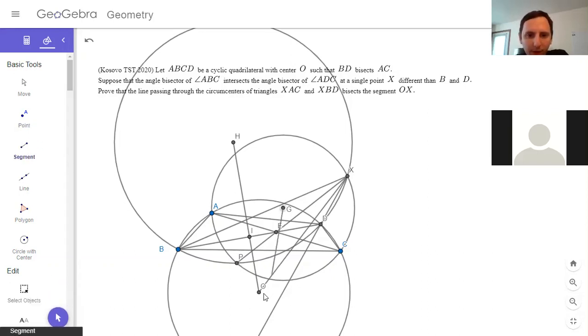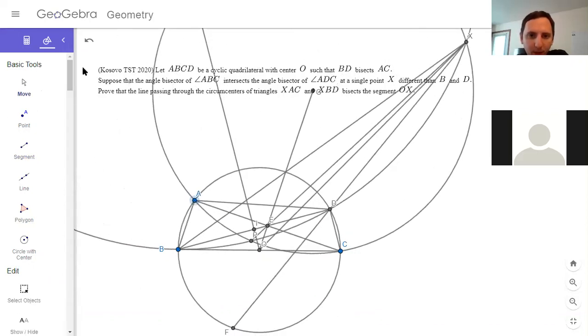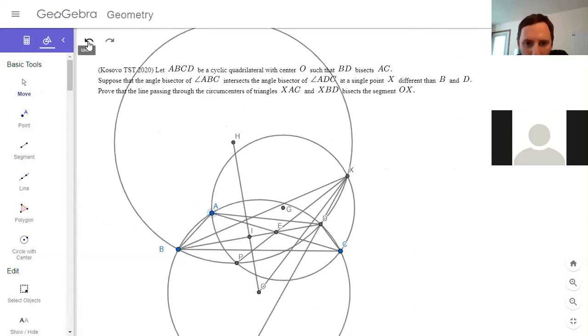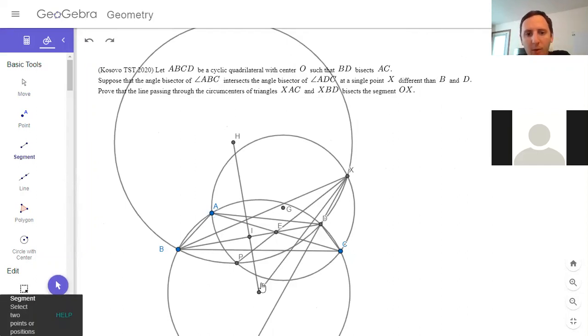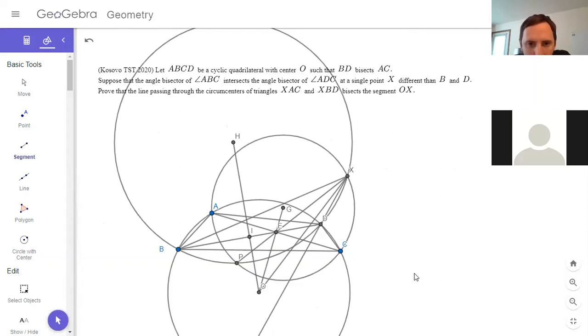Are O, E, and G collinear? That looks true. Is that obvious? O, E, and G should be collinear. Yes, that is true because O and G are the two centers, so they pass through the midpoint of HE. I feel like we have so much information here. It feels like the problem has to fall apart. Just have to find the right idea.